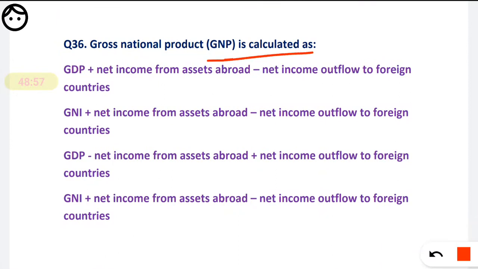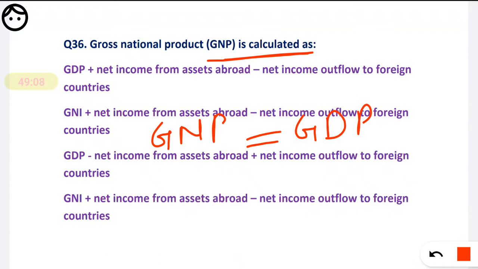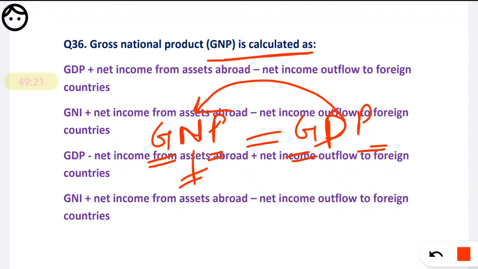Question number 36: the gross national product, GNP, is calculated as. I have already told you how to find that. See, the gross national product we have to find from the gross domestic product. So the P is the same. We have to find the net. Here N stands for nationality and D stands for domestic. So we are considering only the nationality.